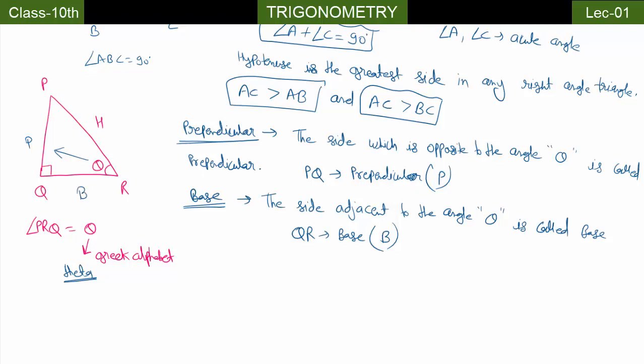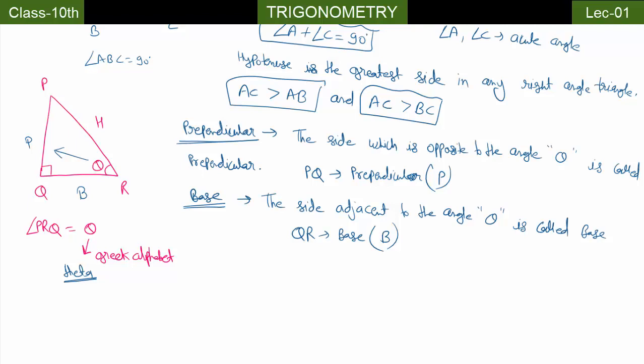Okay, so if we are given any right angle triangle, we can tell which is hypotenuse, which is perpendicular, and which is base. One important thing to notice is hypotenuse will always be the same, the side opposite to the 90-degree angle. I cannot tell which one is perpendicular and which one is base until I define the value of theta. If this angle is theta, then PQ will be perpendicular and QR will be the base.